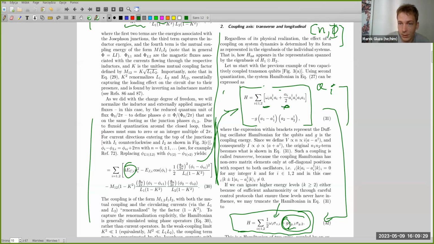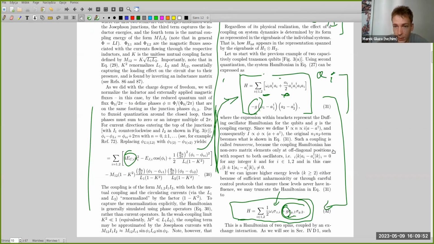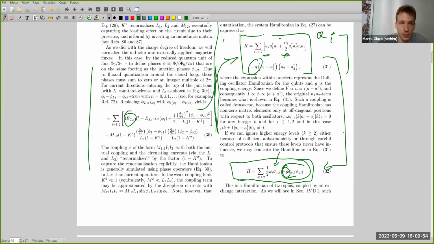There will be maybe some anharmonicity that comes from those parameters of the Josephson junction, but then they are also fixed. And once you fix your capacitance, you have also your coupling G between the qubits. That's kind of what you need to take from the reading, plus the technicalities, which are of course worth knowing.